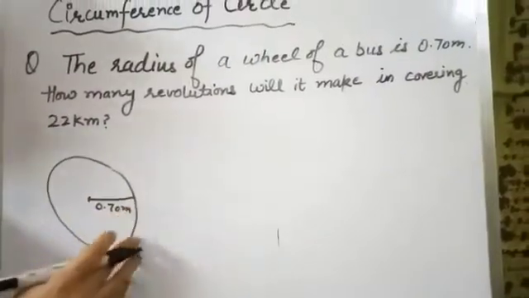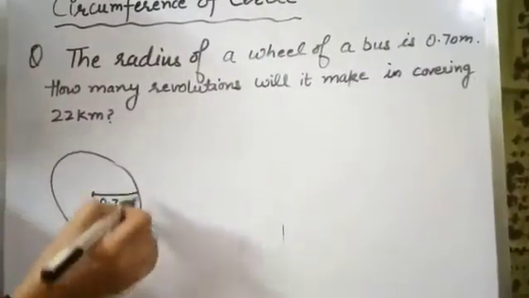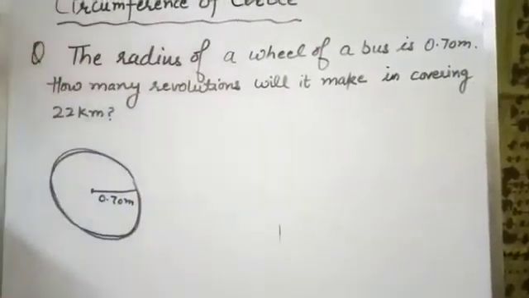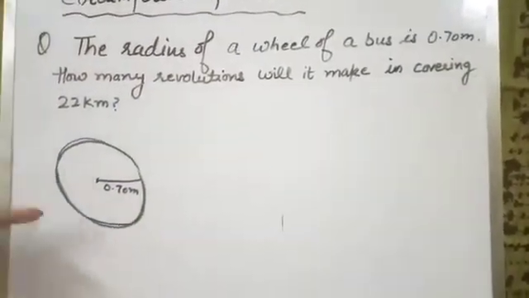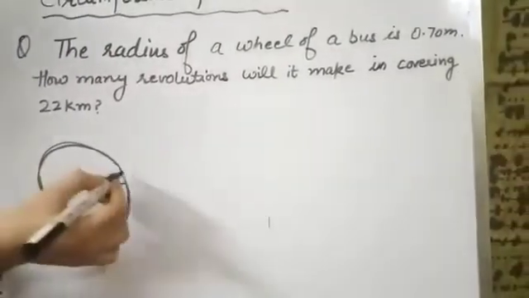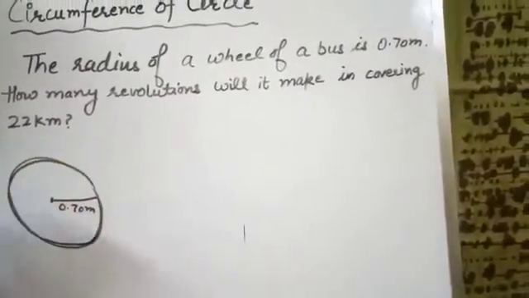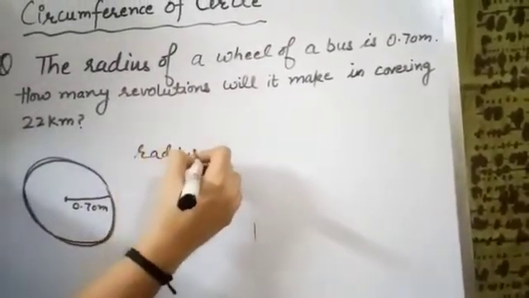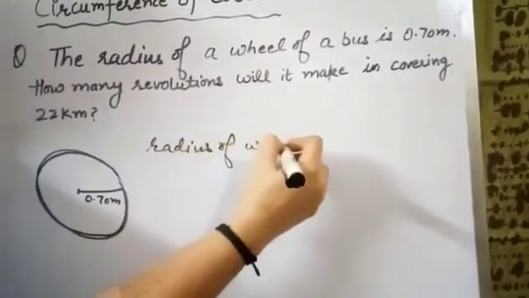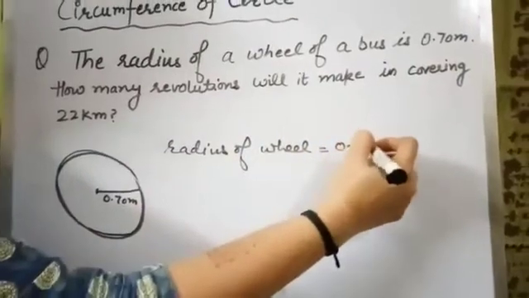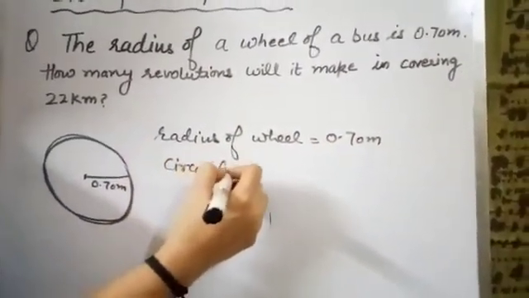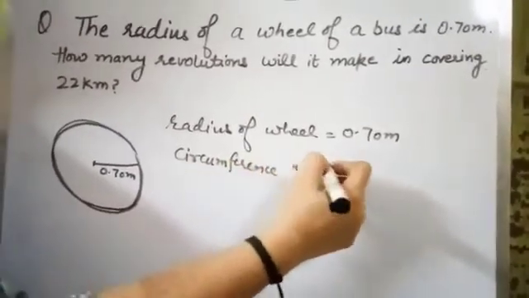If this wheel covers a complete revolution, in one round, the distance it will cover in one revolution is equal to its circumference. That is the distance, which we know is the circumference of the circle. Now radius of the wheel is 0.70 meter. So we can find out the circumference, that is the distance covered by the wheel in one revolution.